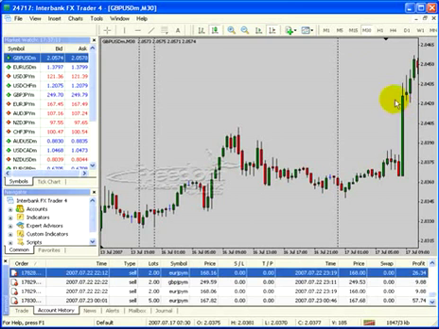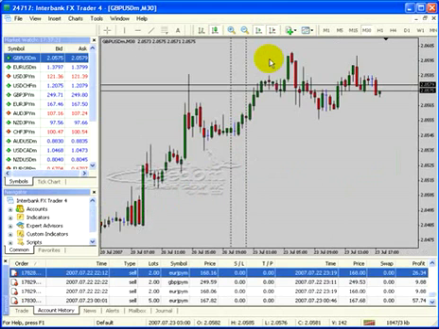Another thing that I find very helpful: if we hit this auto scroll button, the next time the currency price changes, it moves right back to the very front. So you see there, it just moved to the very front of the charts, the most current and recent bars and times.